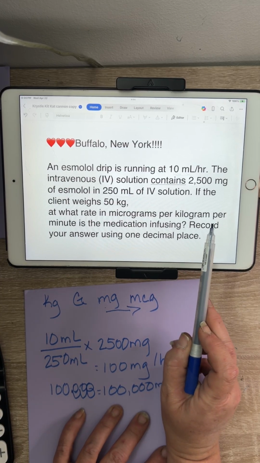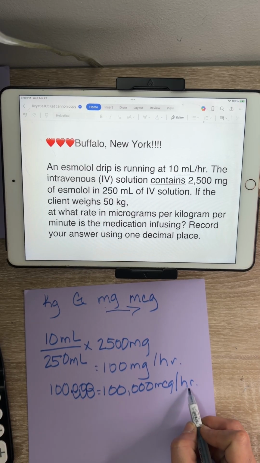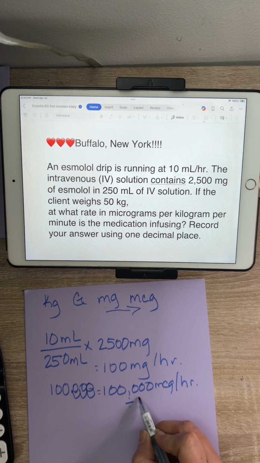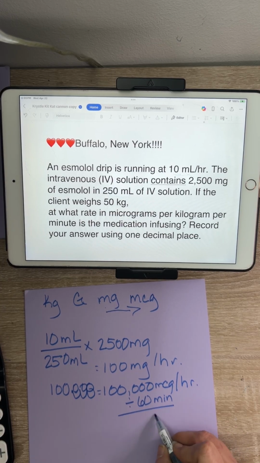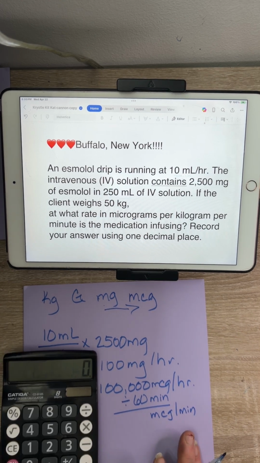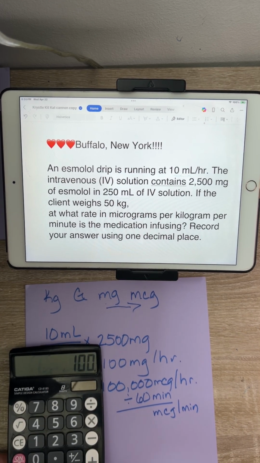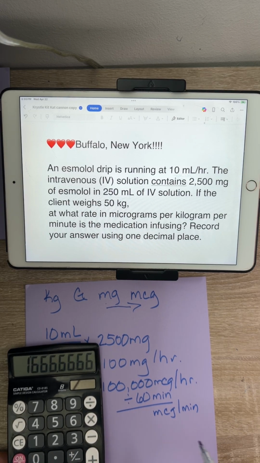And look, the question wants it per minute. And so we're going to divide this by 60 minutes. And that's going to give us the micrograms per minute. I want you to watch this more than one time if you get lost. 100,000 divided by 60 equals.